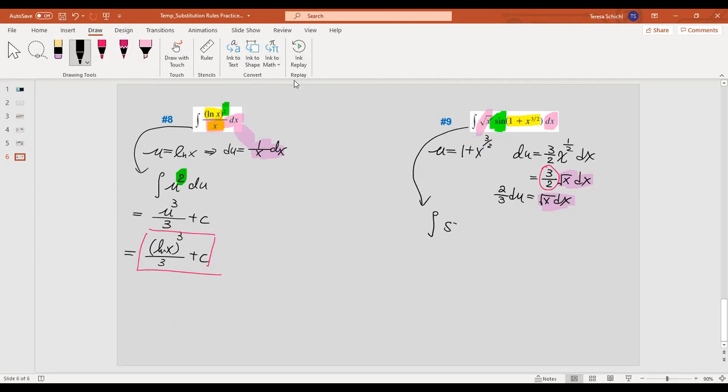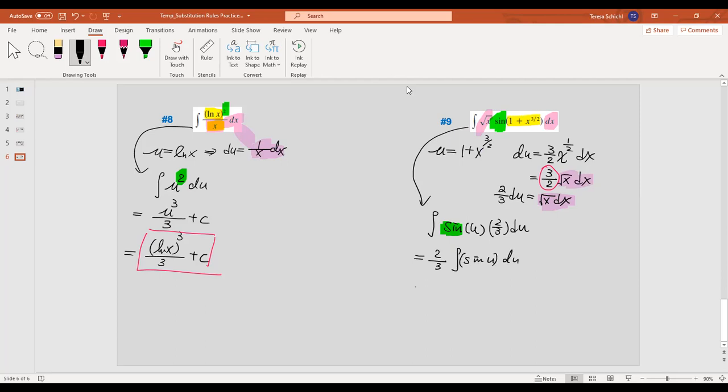Sine is my function, and inside the function, 1 plus x to the 3/2 is my u. The remaining light purple part, the square root of x dx, is 2/3 du. The constant I move outside my integral, so this will be 2/3 times the integral of sine u du.